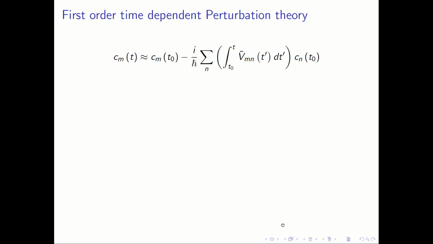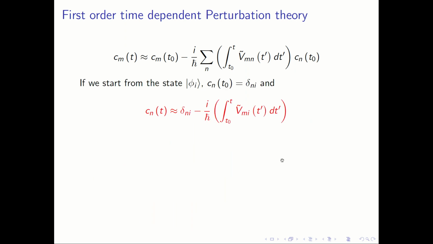Now we can specialize to the case when we start from a particular unperturbed energy eigenstate of H0, which means we are starting from the state phi i. Of course, that means that the Cn's, the coefficients at time t0, are all 0 except for the ith one, which is 1. So Cn(t0) is delta ni. And if I substitute that, I get Cn(t) is approximately delta ni minus i by h cross integral from t0 to t.